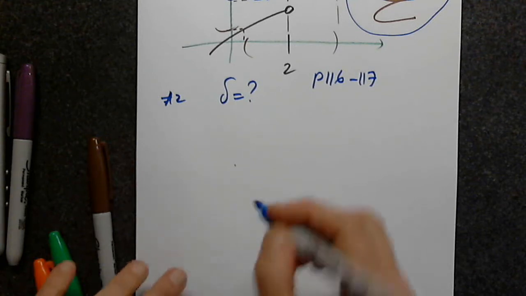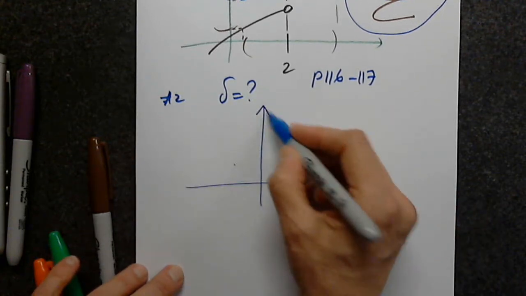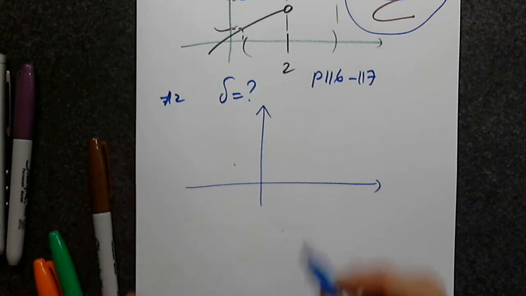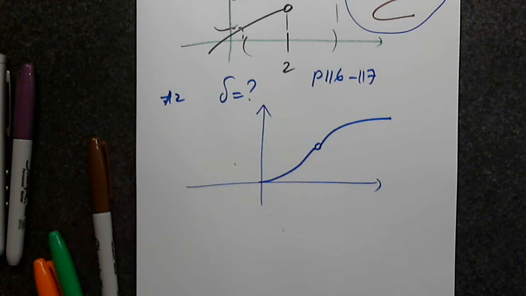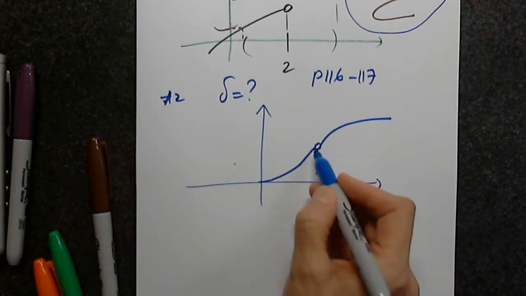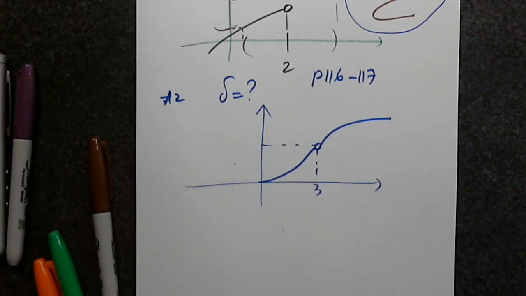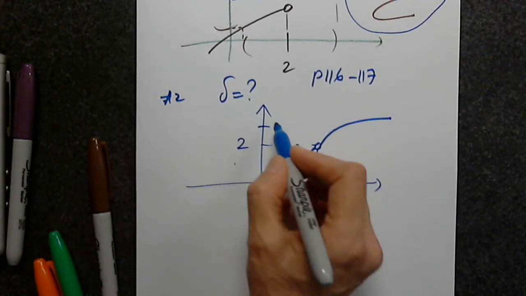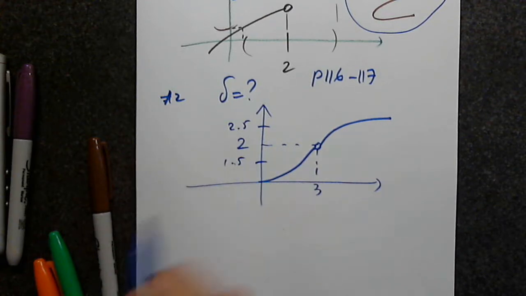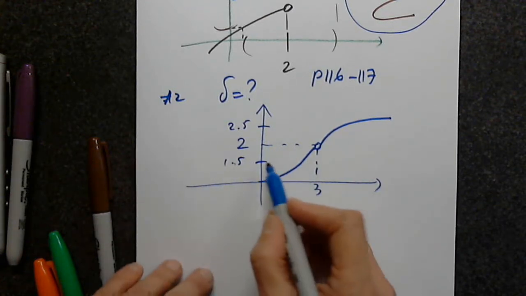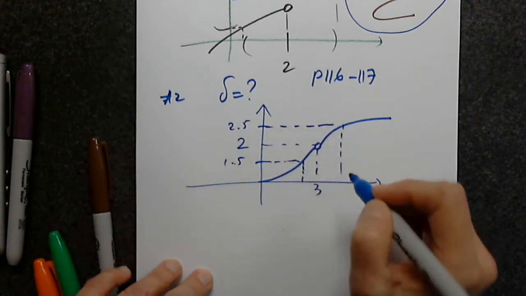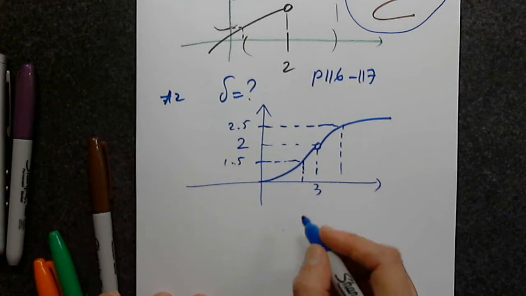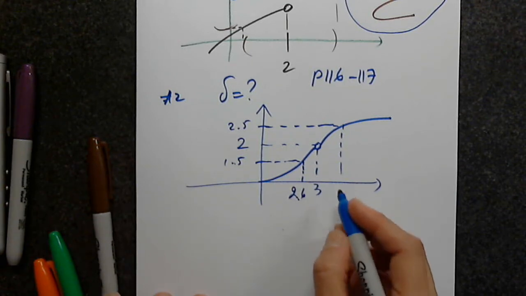So we're given a graph. I'm going to copy the graph. And here's the graph. According to the graph, this is a 3, and this is a 2, and this is 2.5, and this is 1.5. And this goes 2.6 and 3.8.